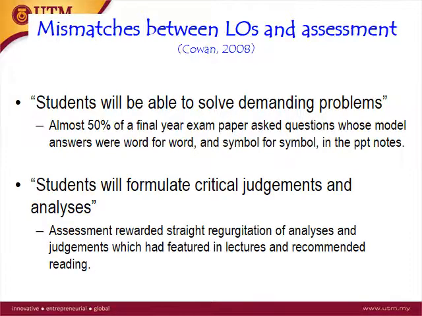In another example of the learning outcomes, we say students will formulate critical judgment and analysis. The assessment given was just direct regurgitation of analysis and judgment which had been emphasized in the lectures and references provided.